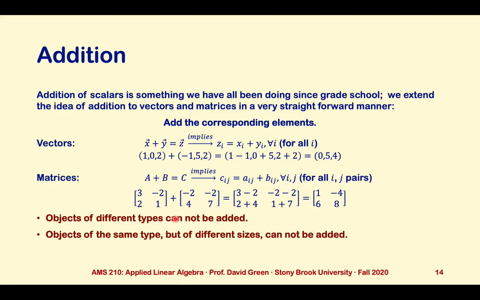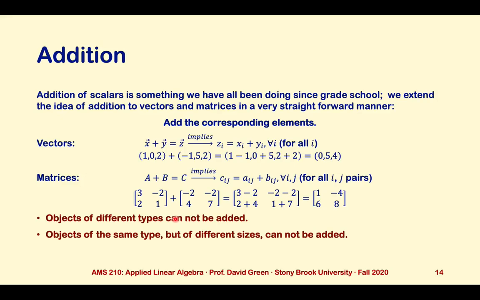And even if they are the same type, we can't add them if they are not the same size. A vector of 2 elements cannot be added to a vector of 3 elements. A 2 by 4 matrix cannot be added to a 3 by 3 matrix. Even if they have the same total number of elements, so let's say a 3 by 2 matrix and a 2 by 3 matrix, they're not the same size, they don't have the same number of rows and columns, they can't be added.